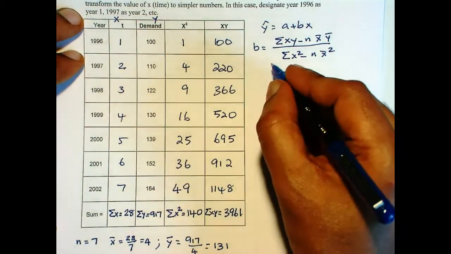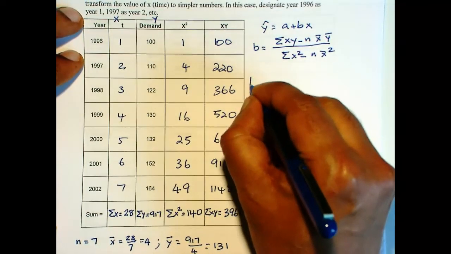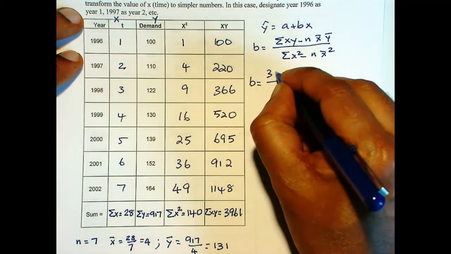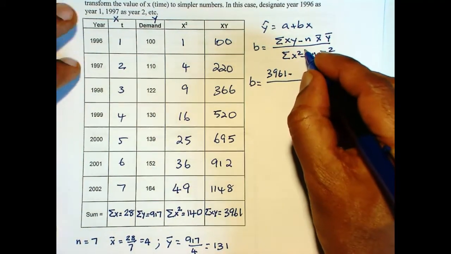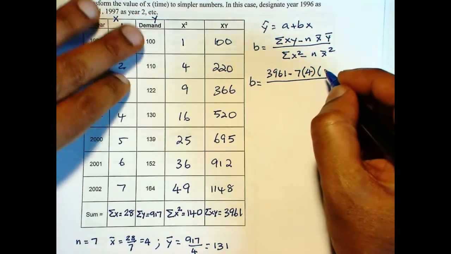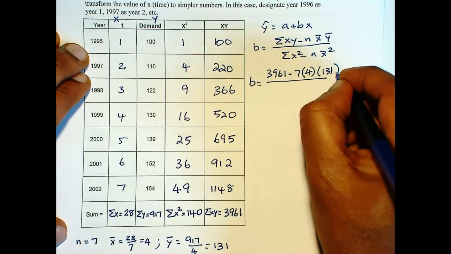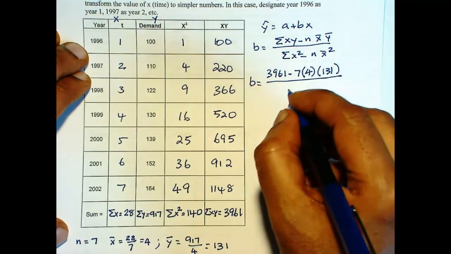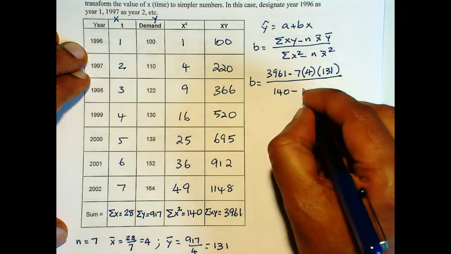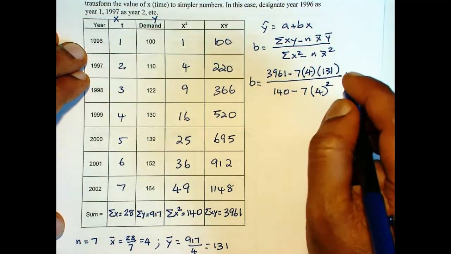So now we can enter these into the formula. Sum of xy is 3961, n is 7, x bar is 4, y bar is 131, divided by 140, which is sum of x squared, minus 7 times 4 squared.